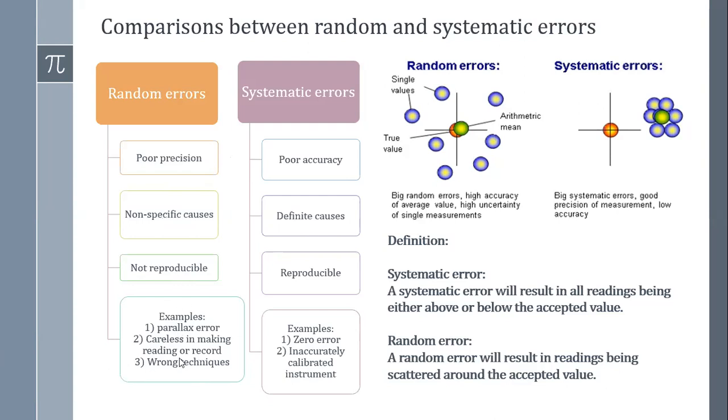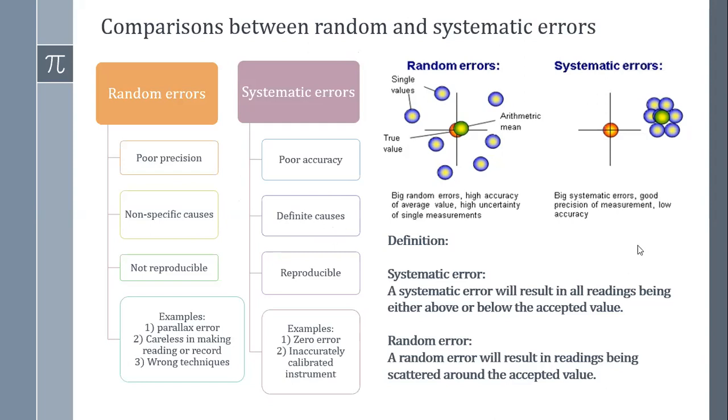Systematic error gives poor accuracy. It's very bad in accuracy, and more dangerous, as I told you, like in the medical field. There is a definite cause that we can identify, maybe a setting in the machine. Zero error, you have to subtract it.